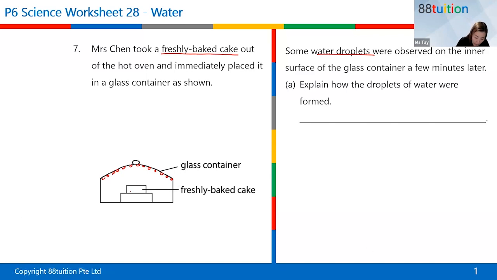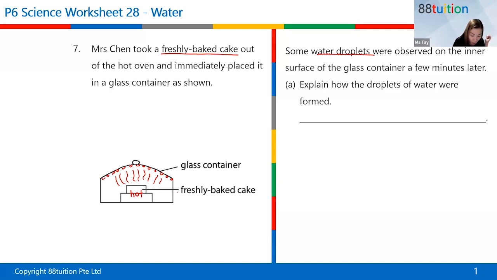Okay, so we know that this is actually very hot. Correct? So where did the water droplets come about? Number one, you have a lot of water vapor around. So this water vapor gains heat from the hot cake, so it becomes warm. Then this warm water vapor rises from all directions, and when it comes into contact with the cooler glass container, you need to mention also the inner surface.